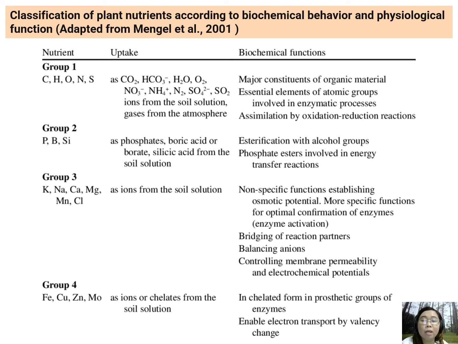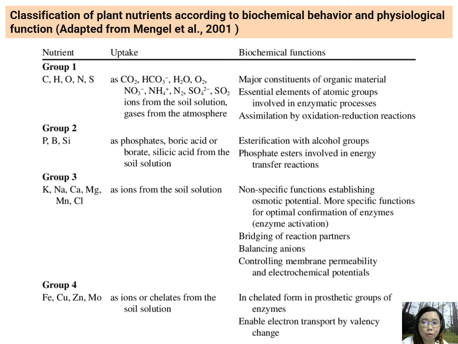All three are taken up from the soil solution as inorganic anions or acids and occur in this form in plant cells or are bound by hydroxyl groups of sugars to form phosphate, borate, and silicate esters.